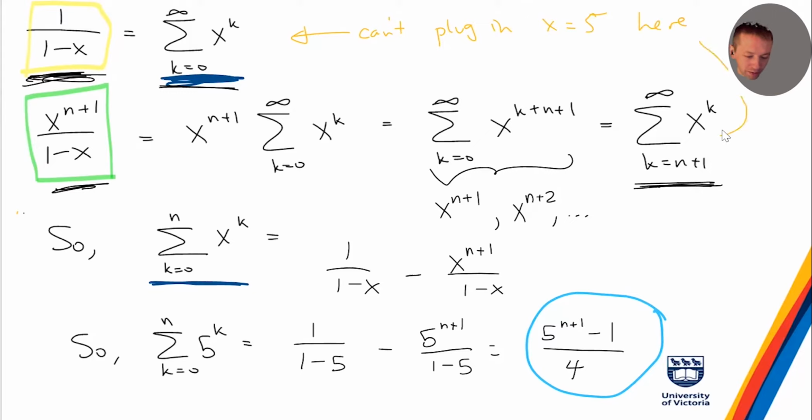But even though it's not valid to put 5 into either of these, I can still express it this way, and this is still a valid equality. Now I've got this thing which doesn't diverge, so I can plug in 5 here because it's a finite sum. What I'm trying to highlight is that this equality is still valid, even though I wasn't able to plug in 5 in those places, but at the end I can. So that's just a comment there.